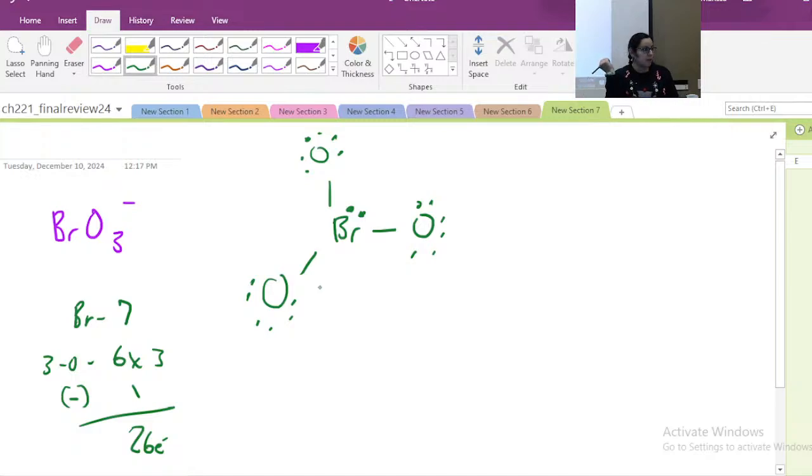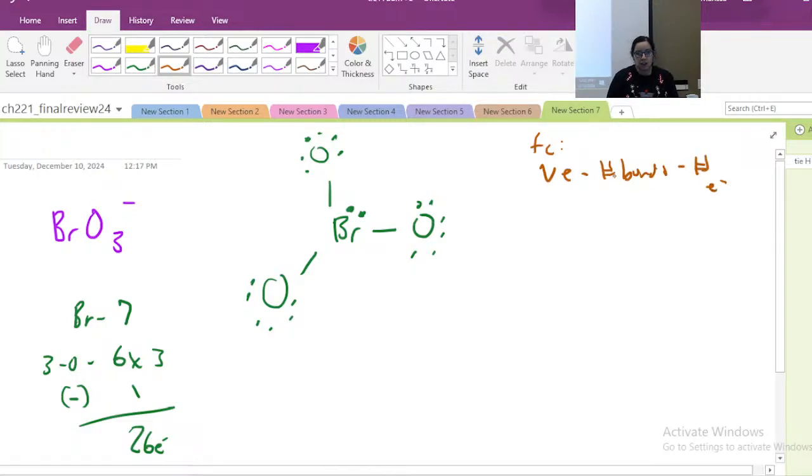And then the next most important thing about your structure is your formal charges. We know we need an overall charge of -1. Looking at these oxygens, they're all symmetric. What's the formal charge on these oxygens here? 0. So check that again. Remember, formal charge: we take our number of valence electrons minus number of bonds minus electrons.